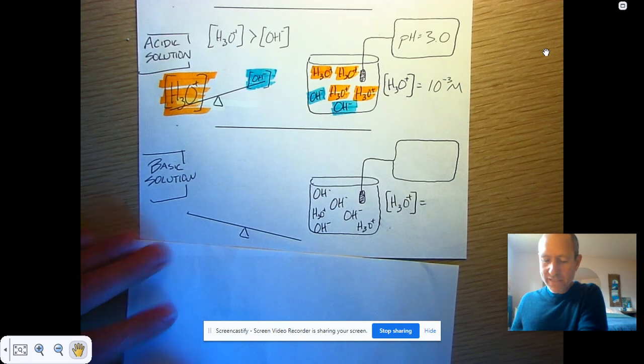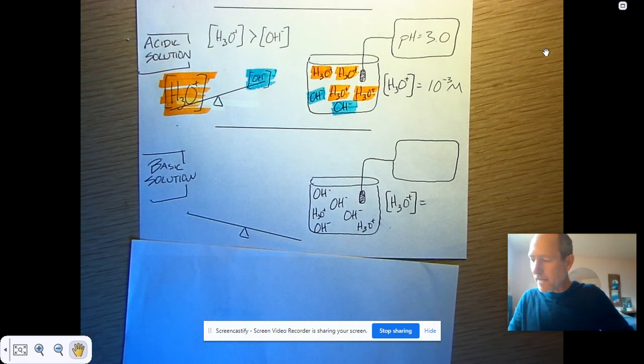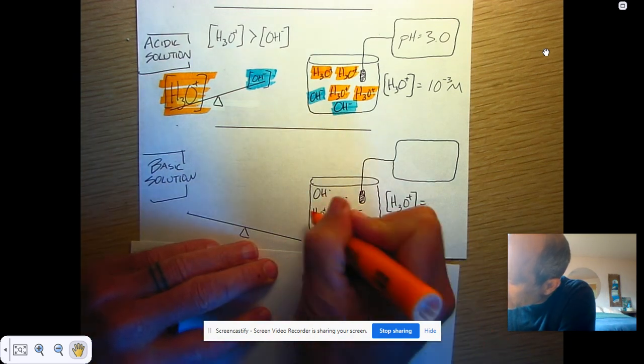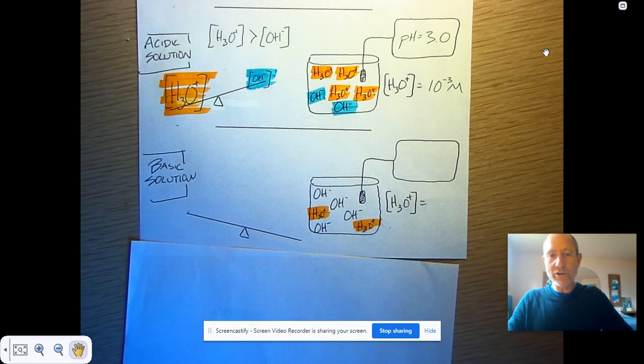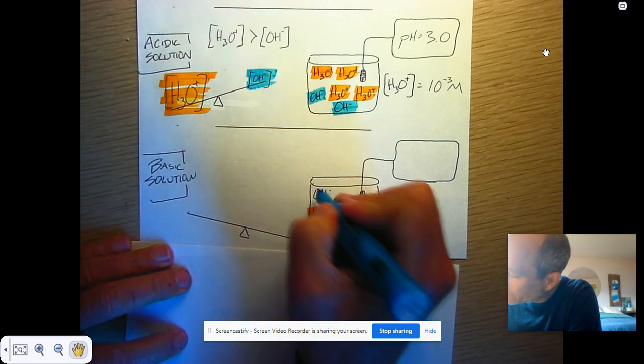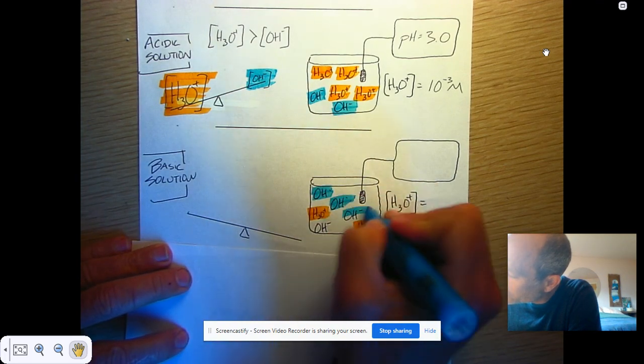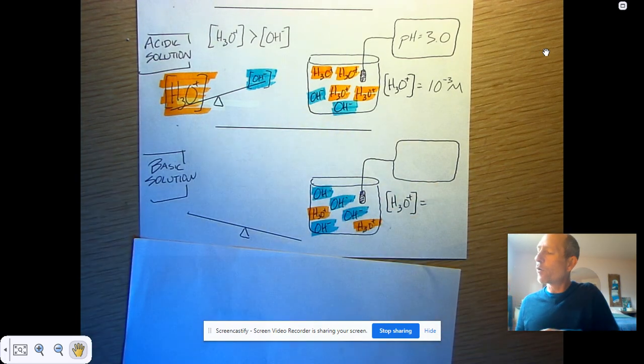For a basic solution, let's see what we got. In our model here, we got 1, 2 hydronium ions, and we've got 1, 2, 3, 4 hydroxide ions.